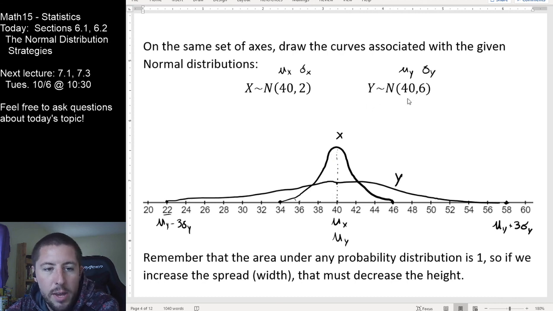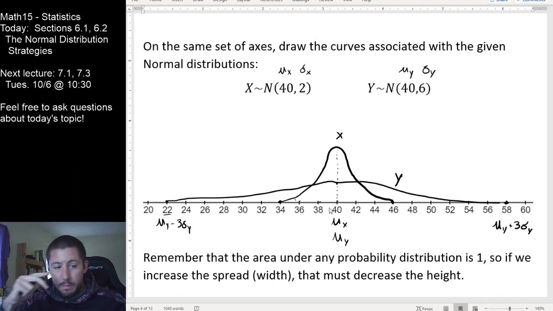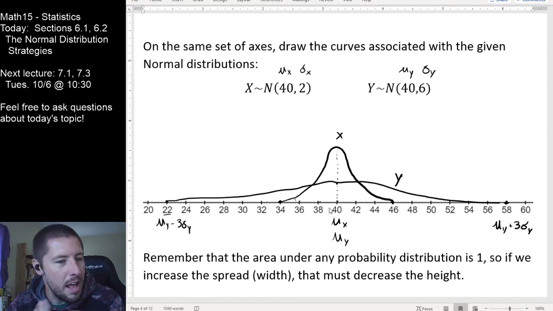On the other hand, if we look at our y distribution and think of those same intervals, under the y distribution, the low flat curve out here, the area underneath 38 to 40 is almost the same as the area underneath 36 to 38. I can certainly see that the area under 36 to 38 is less than 38 to 40, but not by much, right? Because things are so much more spread out, it helps us make intuitive guesses about what kind of probabilities we're going to see.